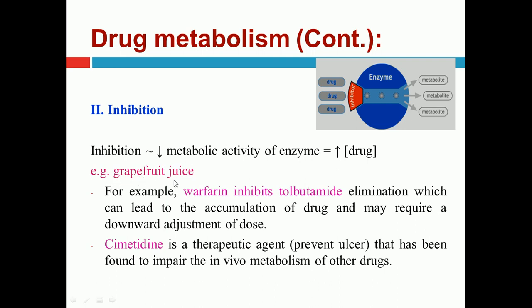If you give some drugs, for example warfarin, that is being metabolized by 2C9, but if you give warfarin with tolbutamide, warfarin being the enzyme inhibitor, it will inhibit the elimination of tolbutamide because it will decrease the enzymes that metabolize tolbutamide.